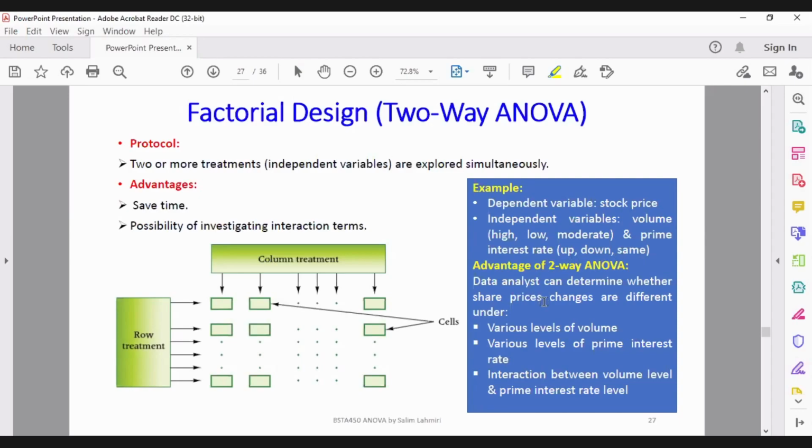The advantage of two-way ANOVA when applied to this financial problem is that the data analyst can determine whether share price changes are different under various levels of volume, under various levels of prime interest rates, and under the interaction between volume and prime interest rates. It is very important in finance and also in marketing to check the effect of interaction terms.